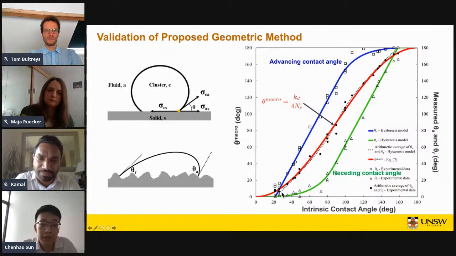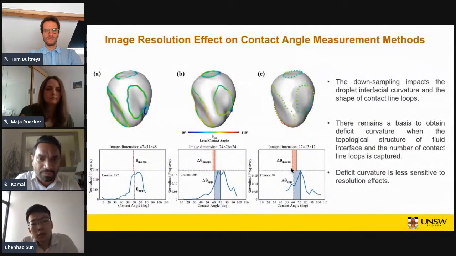So it can be concluded that the macroscopic contact angle accounts for these contact angle variations, which is the contact angle hysteresis. A lot of people may ask, so this method can take the average effect of contact angle hysteresis caused by the surface heterogeneity. Is there any other advantage?